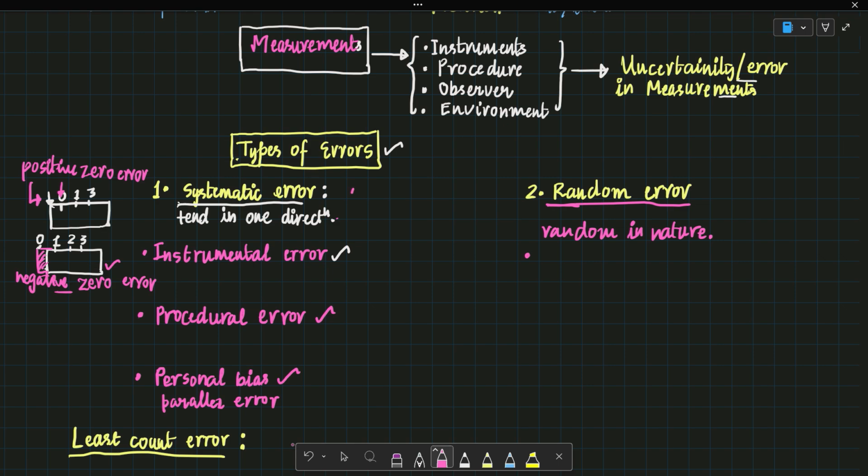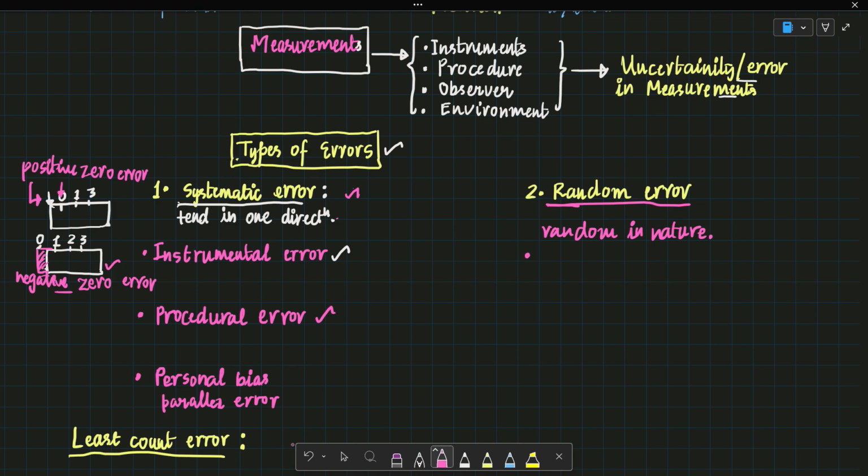Systematic error tends to be in one direction, so we usually can make some improvement in this systematic error by taking a good instrument, a good procedure, and the person who is taking the reading being more alert.